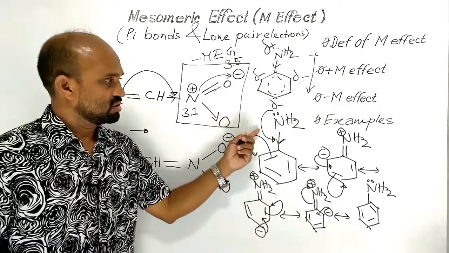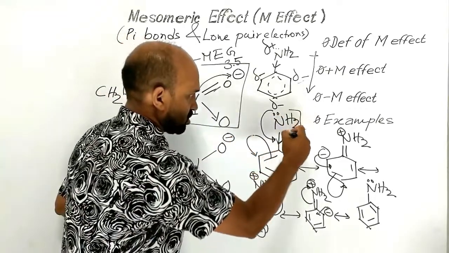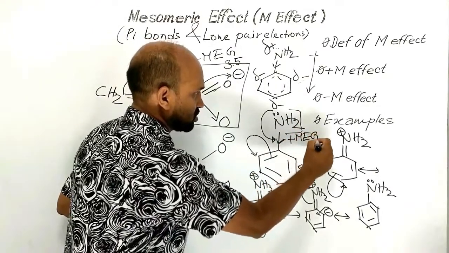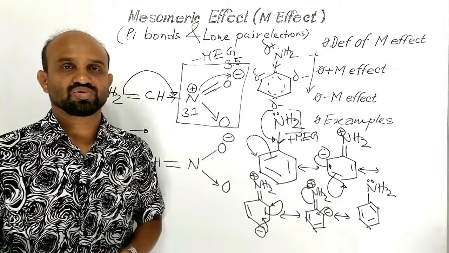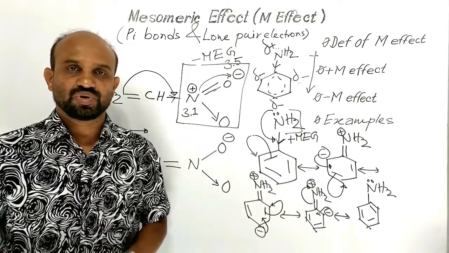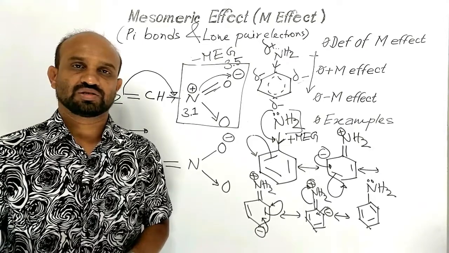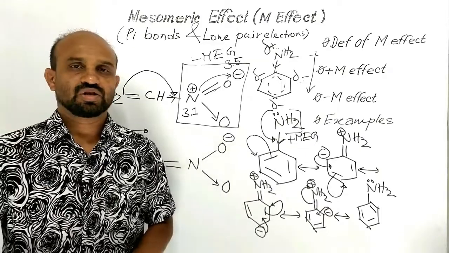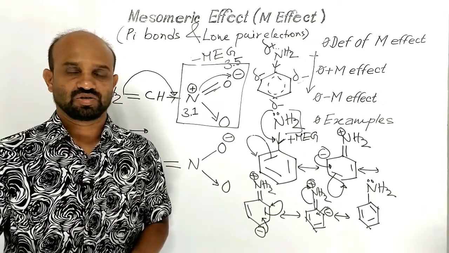So in aniline, amino group is called positive mesomeric effecting group because it is donating electrons to the molecule, and the effect by this group, amino group over phenyl group, is referred to as positive mesomeric effect. Let's see some more examples of positive and negative mesomeric effecting groups.